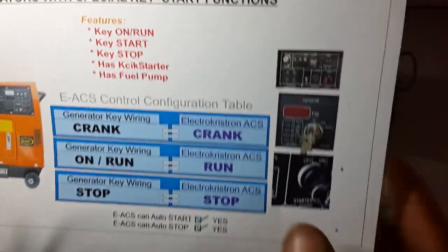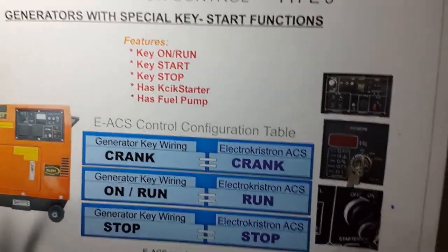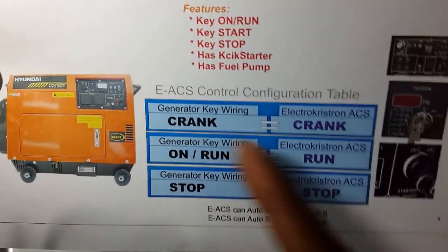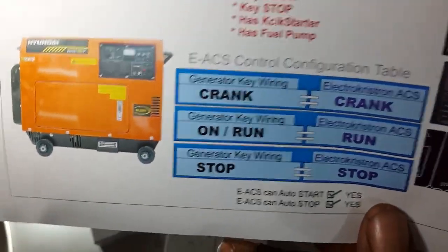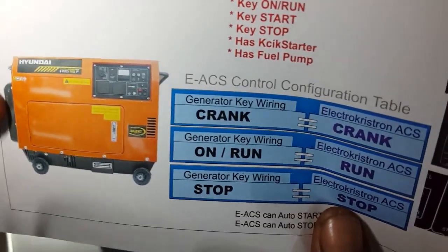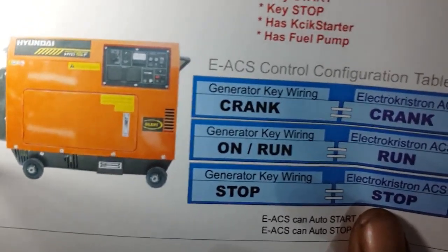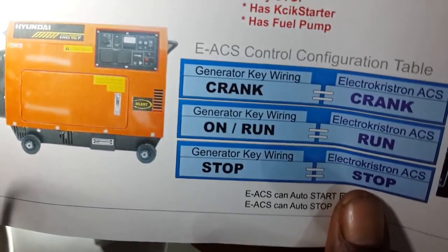All three have to be connected for that type or model of generator to work properly with the automatic changeover system. Now, this type is not so common, but once in a while such generators are discovered that actually require all the lines to be connected for them to work or stop accordingly.